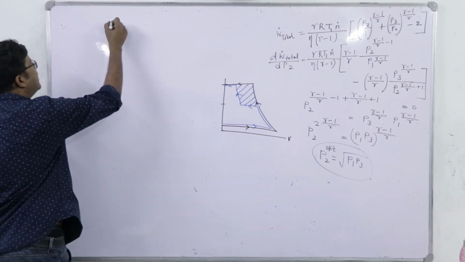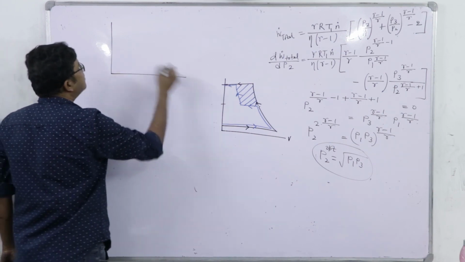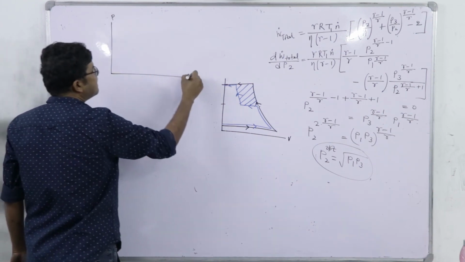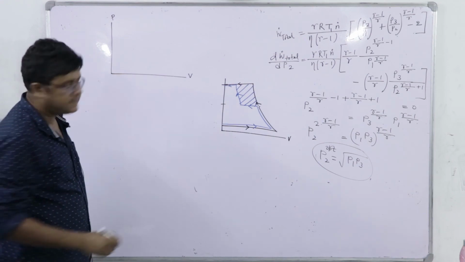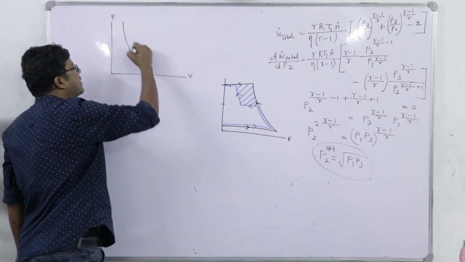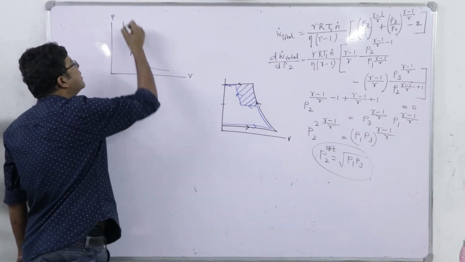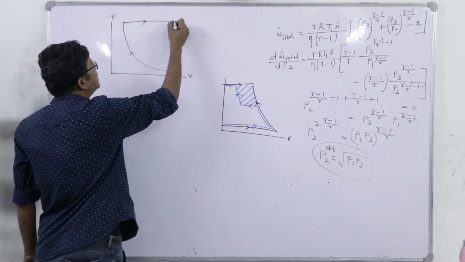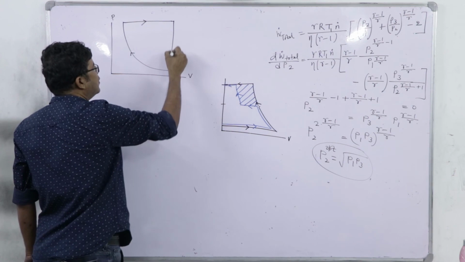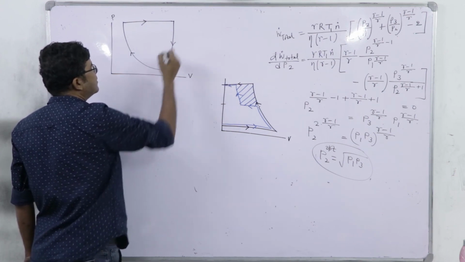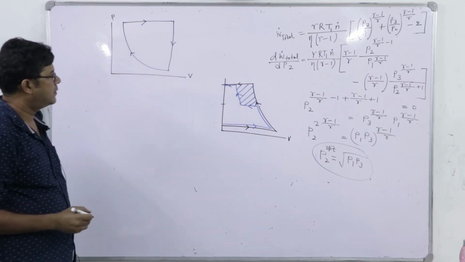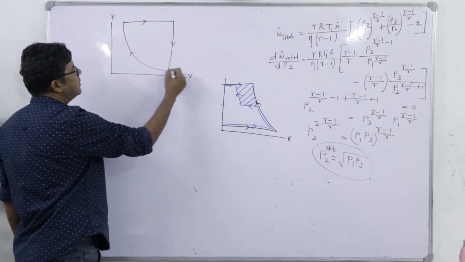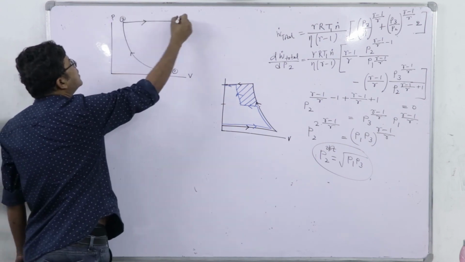So, in the PV space, it looks like an adiabatic compression, isobaric heating and isochoric pressure reduction, right. So, this is 1, 2 and 3.